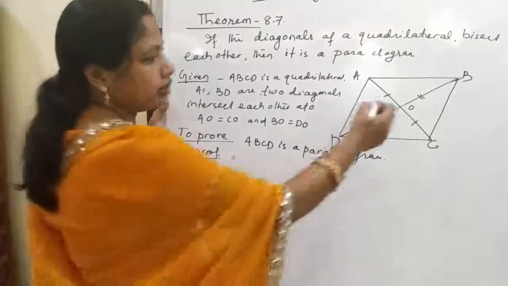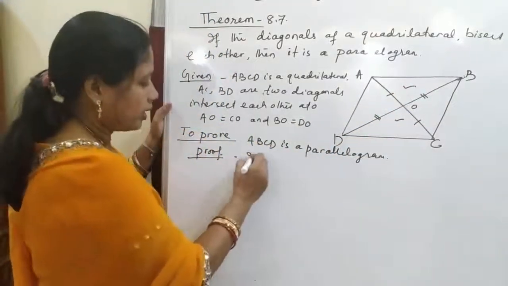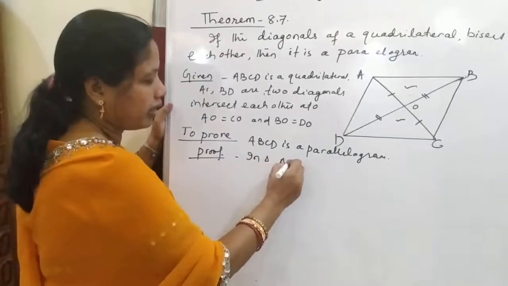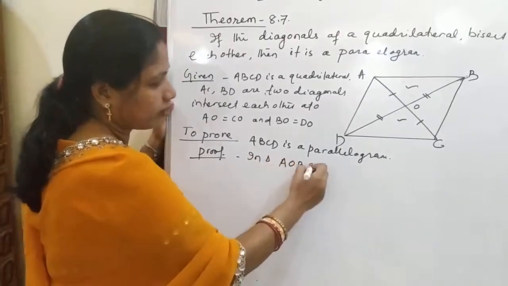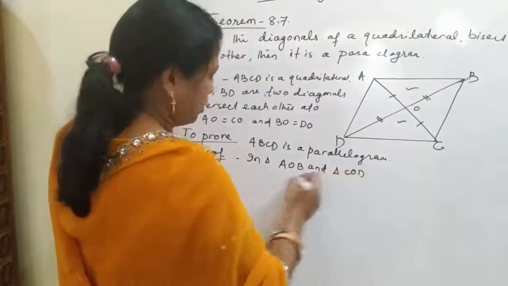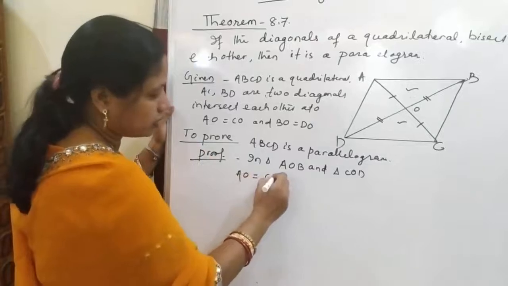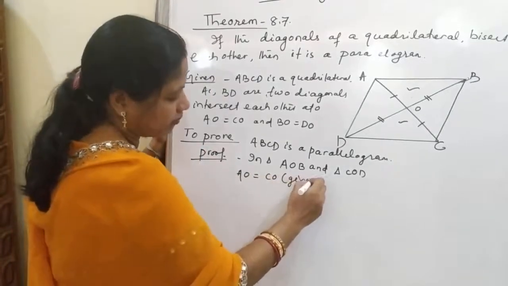We will take these two triangles and make them congruent. In triangle AOB and triangle COD, what are the equal parts? AO is equal to CO, this is given.